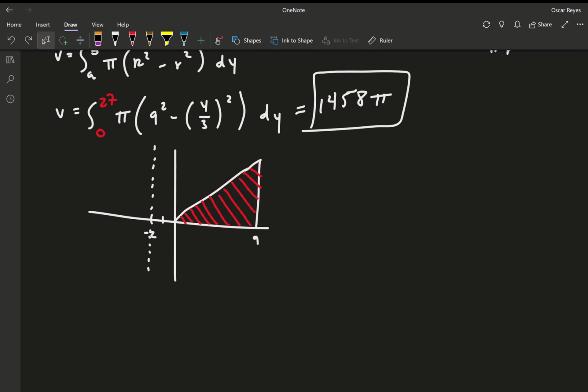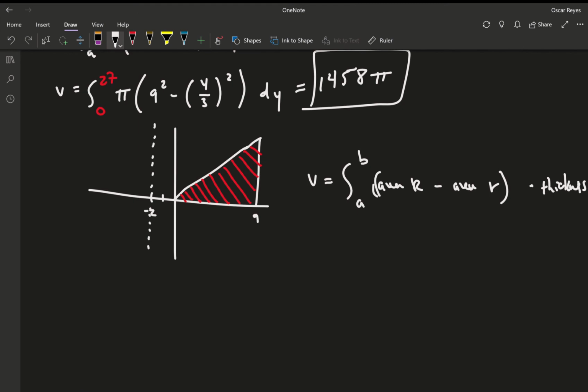We know that our volume is going to be almost the same formula: from A to B, the area of our big radius minus the area of our small radius, times thickness. But now we're revolving around x equals -2, so our formulas for the r's are going to be different.